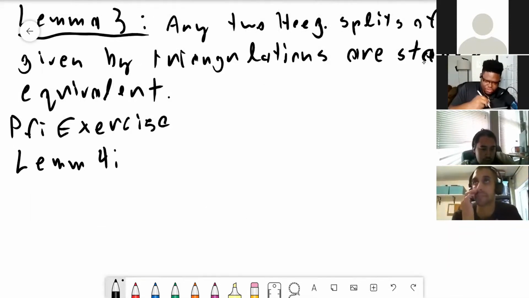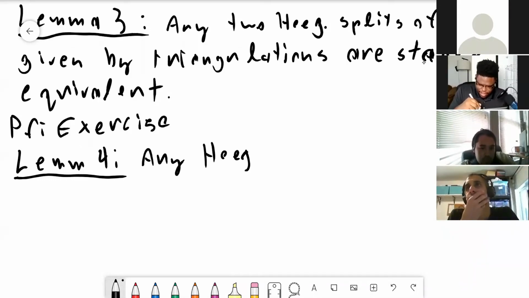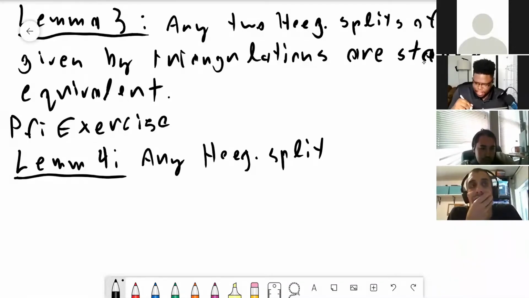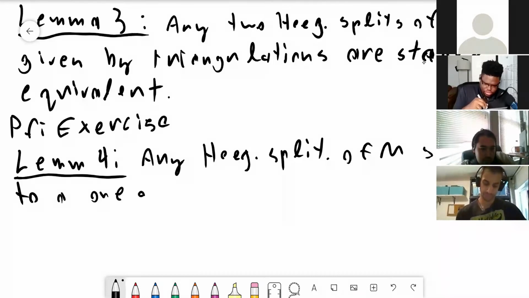And we're going to focus on this lemma, which says that any Heegaard splitting of M stabilizes to one that's given by a triangulation.